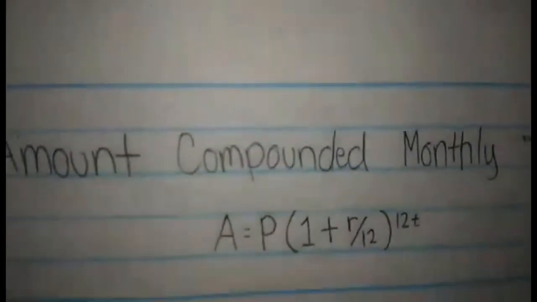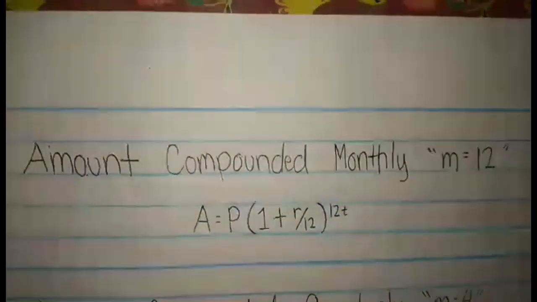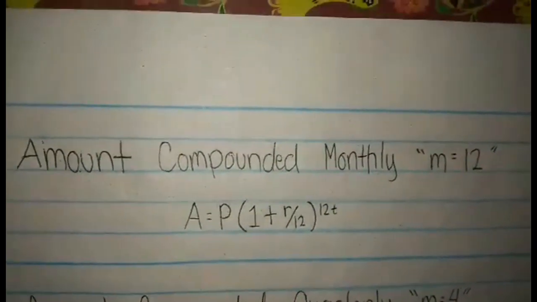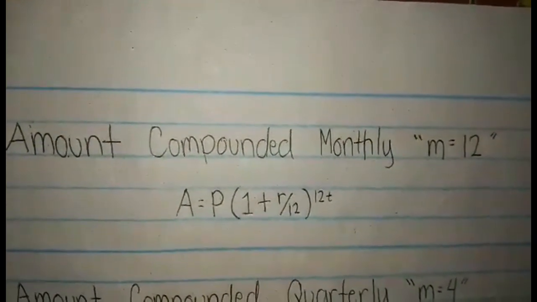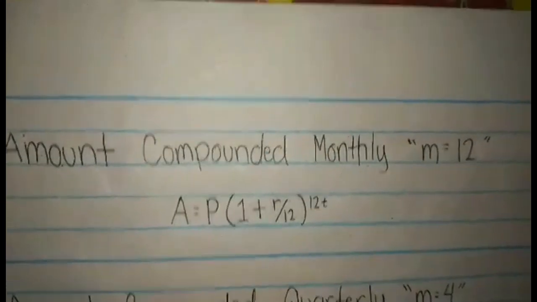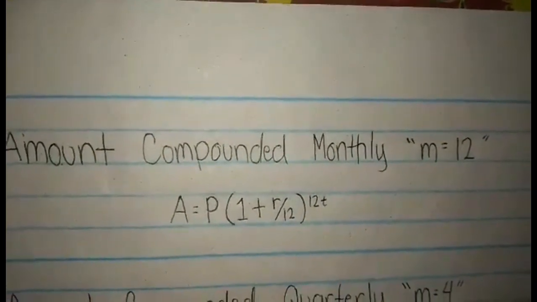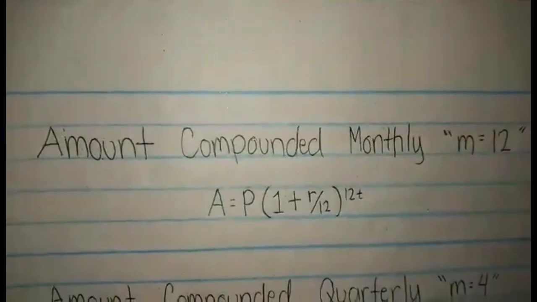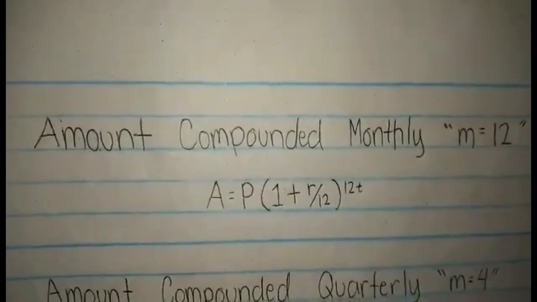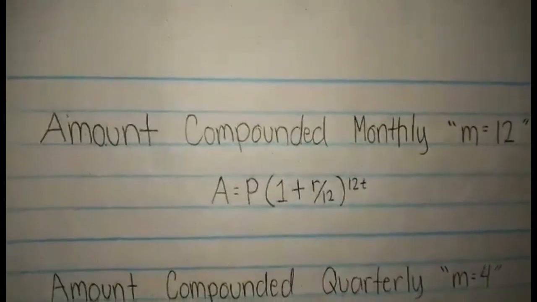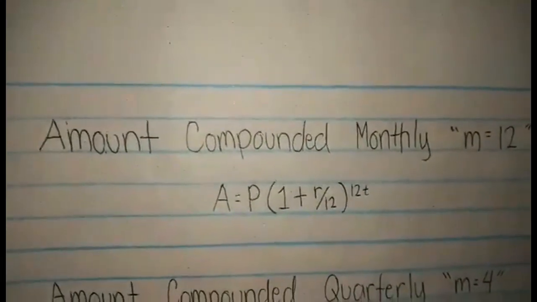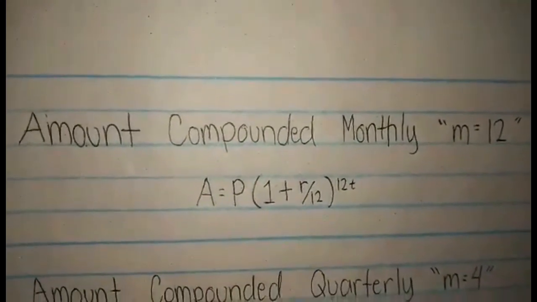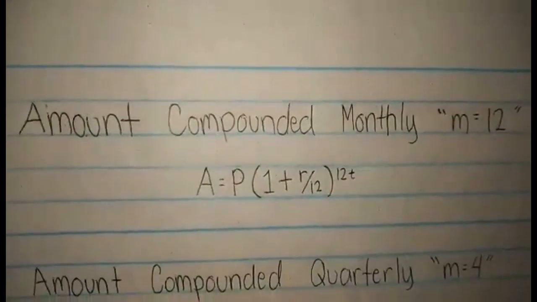So the first one is amount compounded monthly, and the conversion period will be 12, or M is equal to 12. And the formula will be A is equal to P, quantity of 1 plus R or rate over 12, raised to 12 multiplied by T or time.